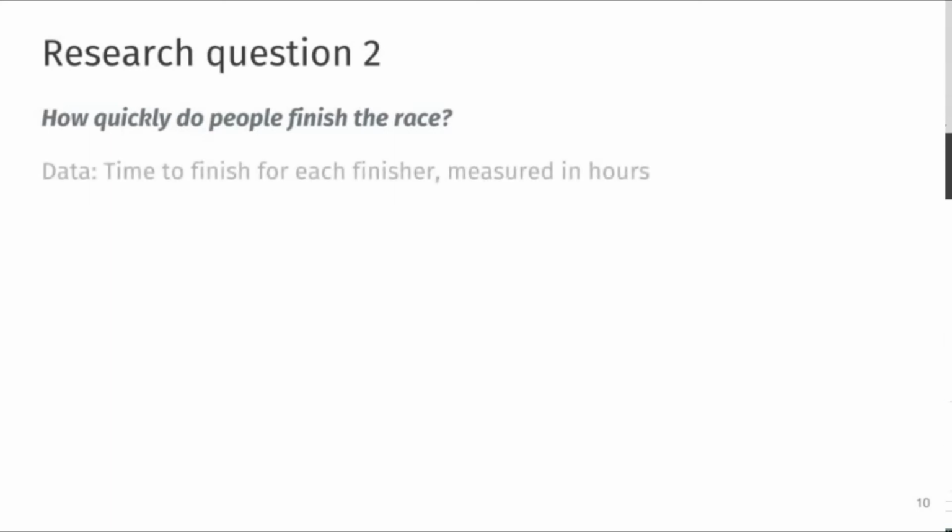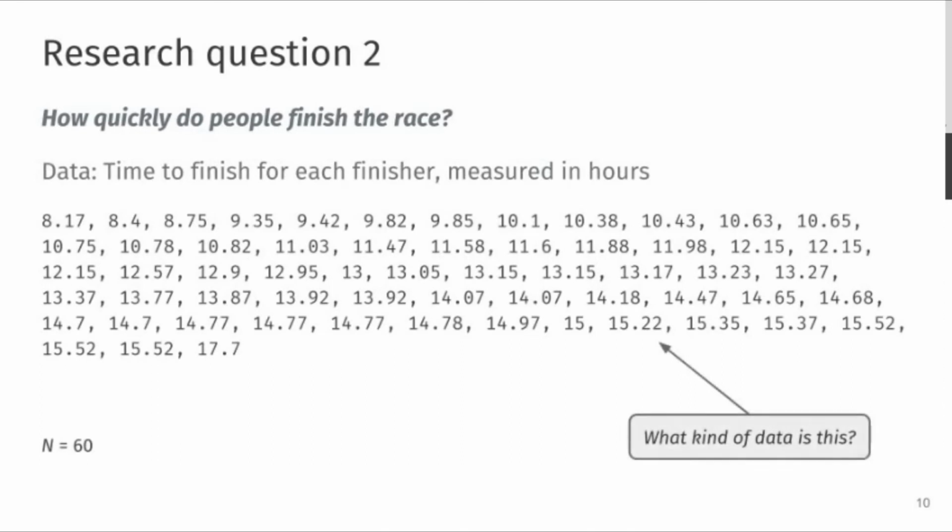So the data in this case are just the time to finish for each finisher measured in hours. This is in order, so the fastest person in this case finished the 50 miles in a little over 8 hours, so fun way to spend your day.